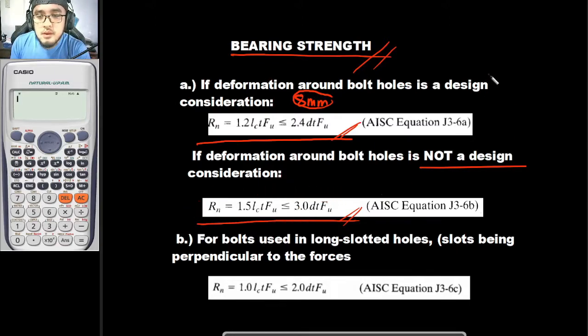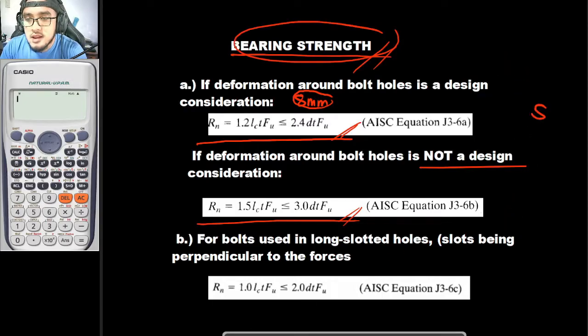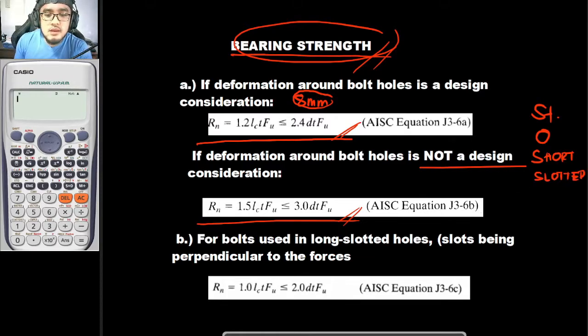Both of these formulas right here are applicable for standard diameter bolts, oversized holes, and what do you call that, our slotted holes, which is the short slotted. So short slotted holes. And we will be using this formula right here for long slotted holes.